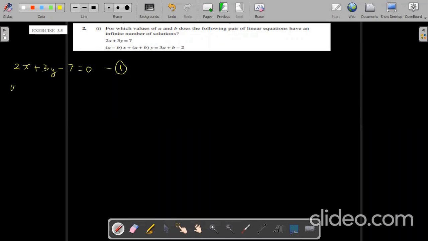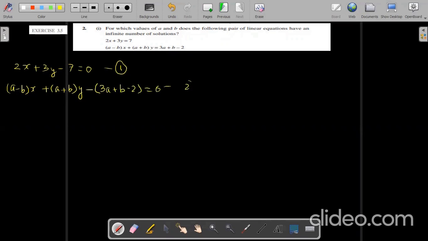And equation number 2 is (a minus b)x plus (a plus b)y, and this whole term should be transposed to the left hand side. So you can put the negative sign at the start and write as it is 3a plus b minus 2 is equal to 0.